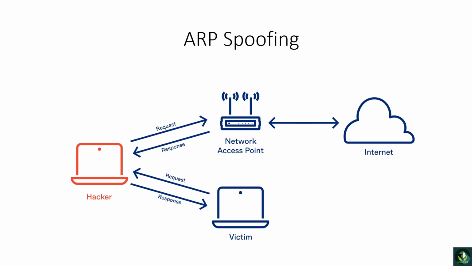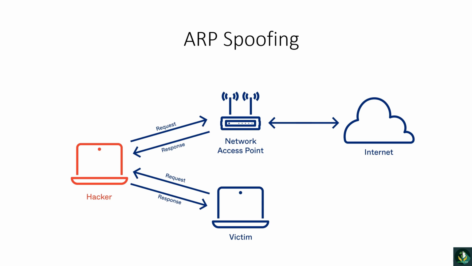Now what we can do is exploit the ARP protocol and send two ARP responses, one to the gateway and one to the victim. We're going to tell the gateway that I am the IP of the victim. So the access point will update its ARP table and associate the IP of the target with my MAC address.